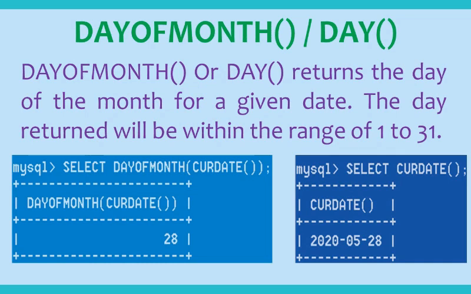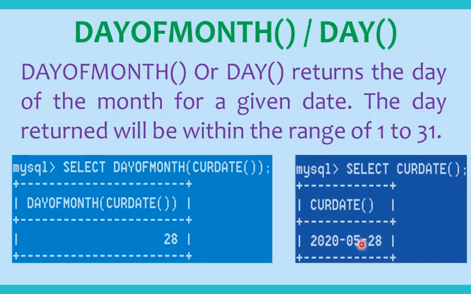Next function is day of month, or we can use the day function. These are two functions, day of month or day function. These functions return the day of the month for a given date. The day returned will be within the range of 1 to 31. Let's see the example. Select current date, which will return us the current date and time.